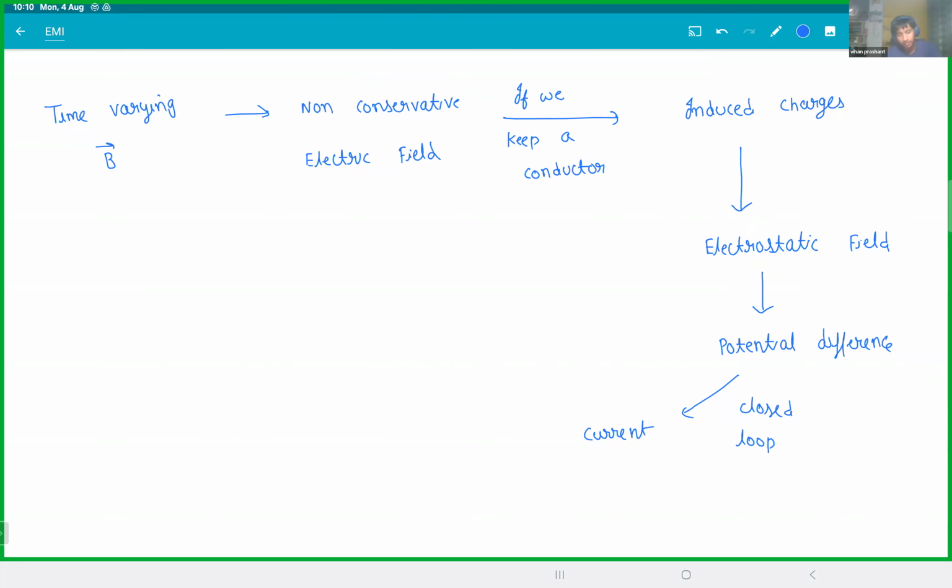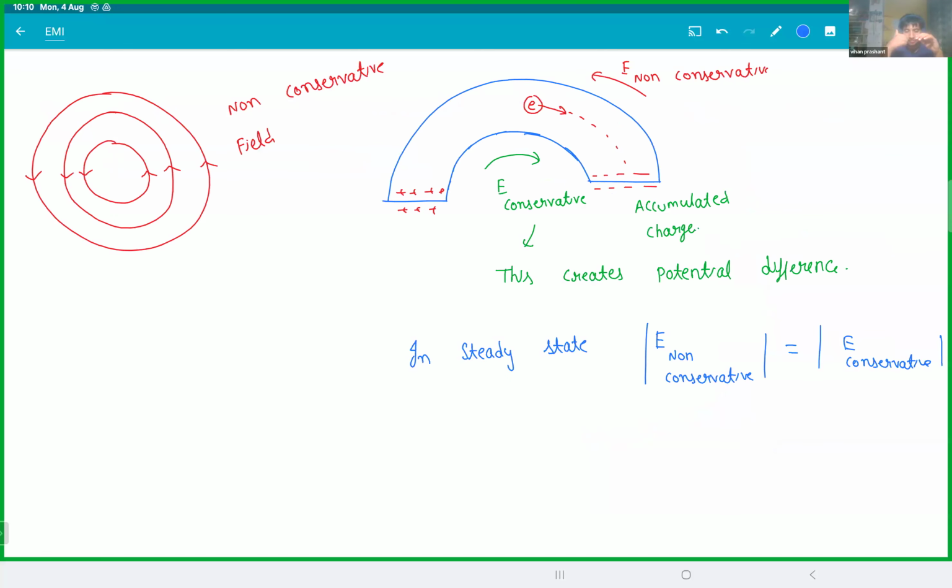Sir, one doubt. At the beginning, we basically get an induced electric field because of a changing magnetic field. Yeah, but magnetic field doesn't do any work. So how is it that it is inducing an electric field that does work?